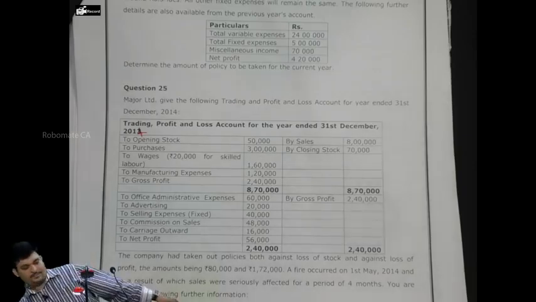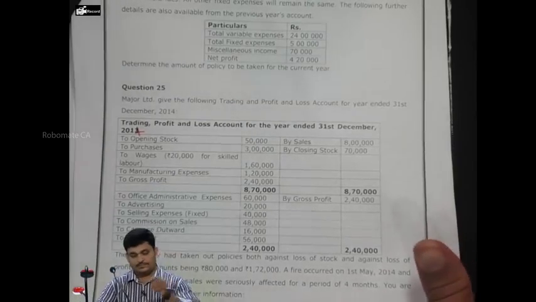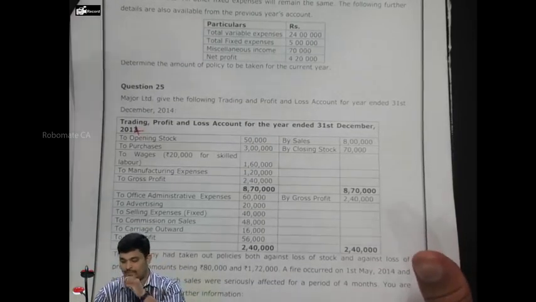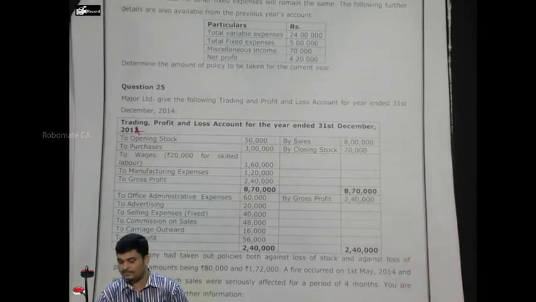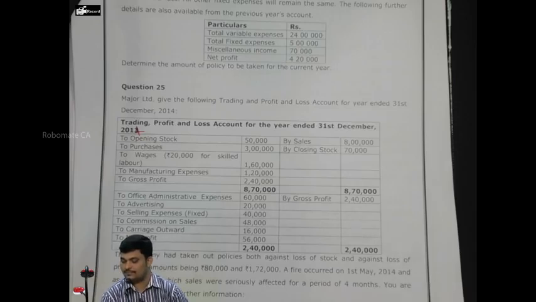By sales 8 lakhs, by closing stock 70,000. To office administrative expenses 60,000, to advertising 20,000, to selling expenses fixed 40,000, to commission on sales 48,000, to carriage outward 16,000, by net profit 56,000.